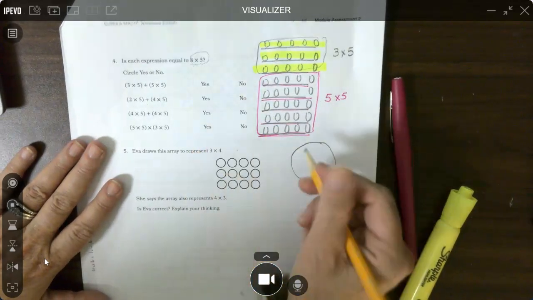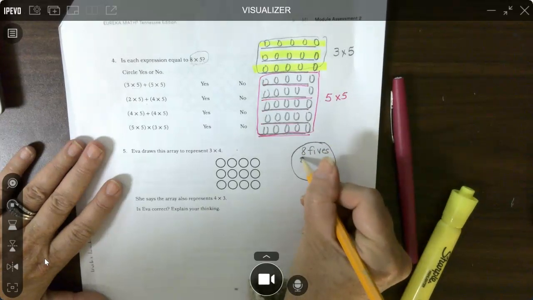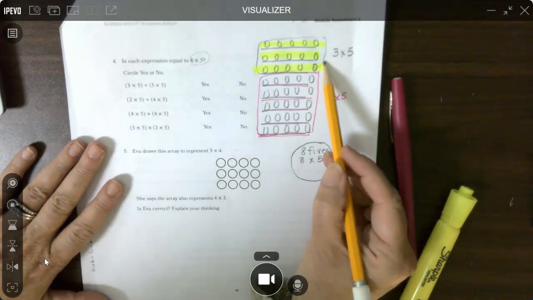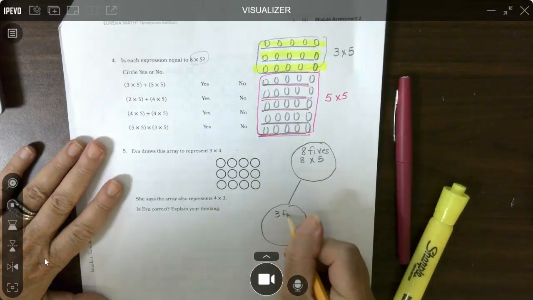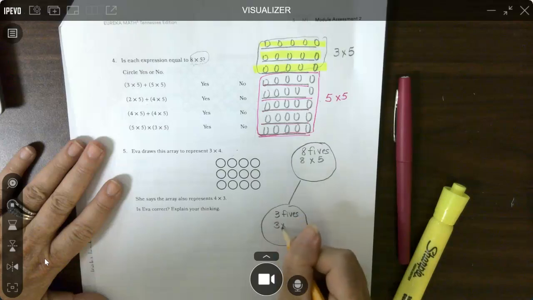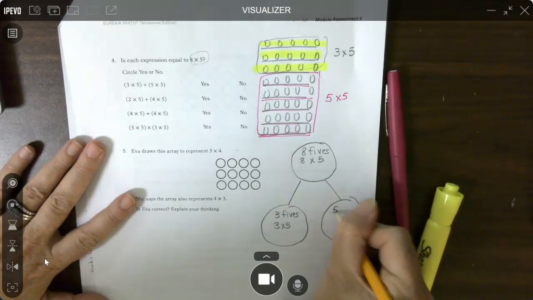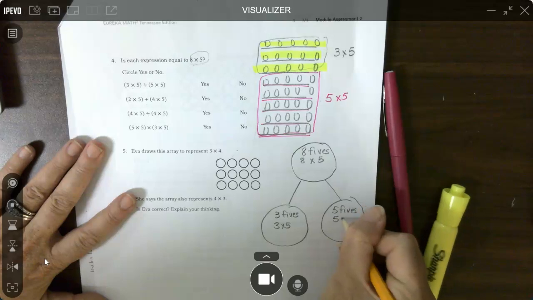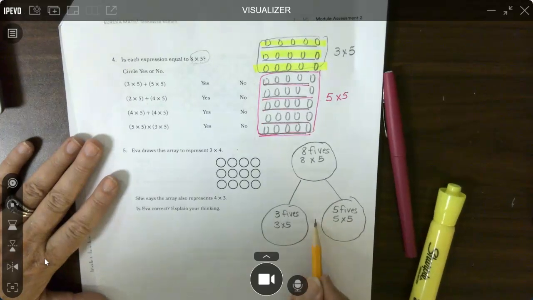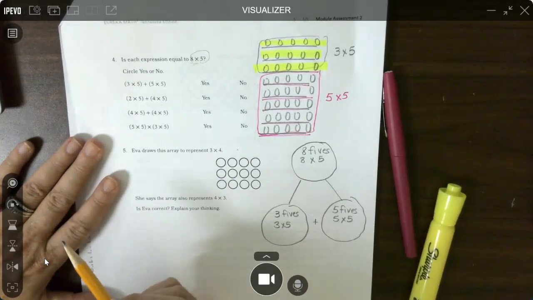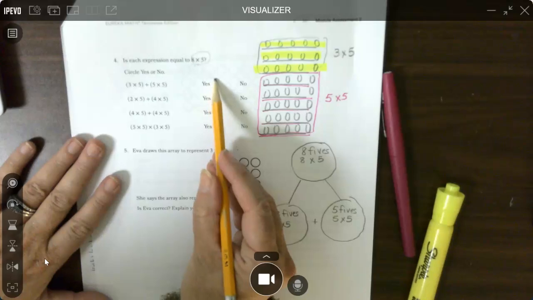So this multiplication represents 8 5s, or 8 times 5, and I've broken it into parts here. I broke it into 3 5s, which is 3 times 5, and I've also broken it into 5 5s, or 5 times 5. Okay, when I do that, if I put these 2 parts back together, they will equal the whole. So yes, this equation does equal 8 groups of 5.